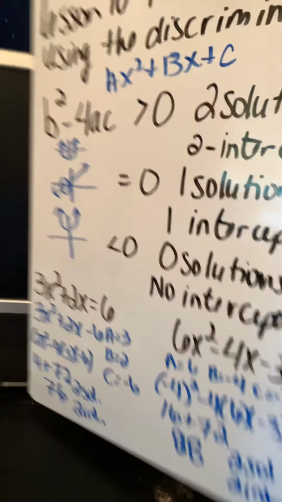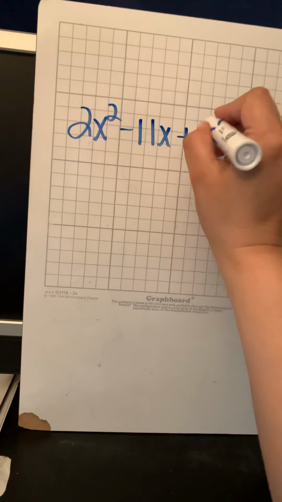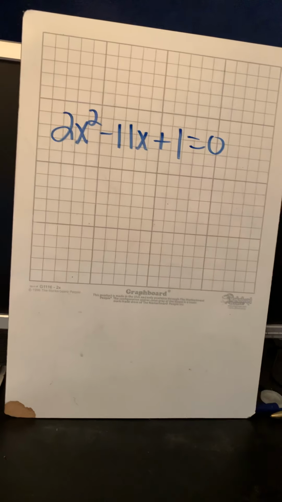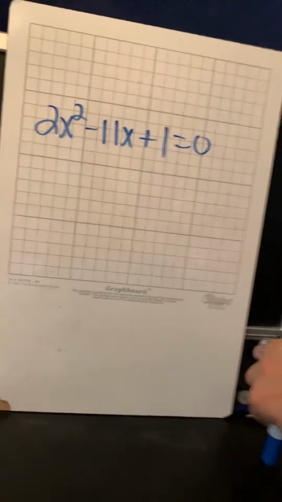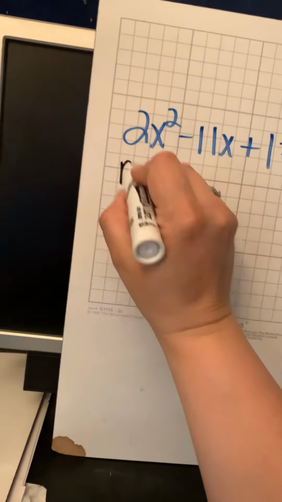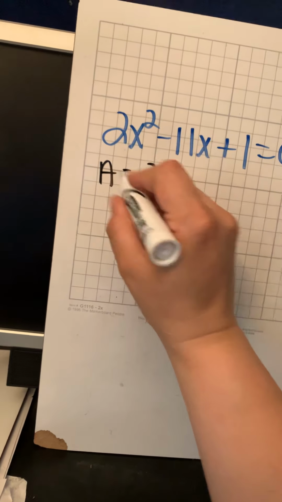Let me do another one where we have just one solution or no solution. Let's say I had 2x squared minus 11x plus 1, okay, equals 0. So let's do this one just so we have another example that I can show you. Hopefully I made up a right one here. Your a is 2.